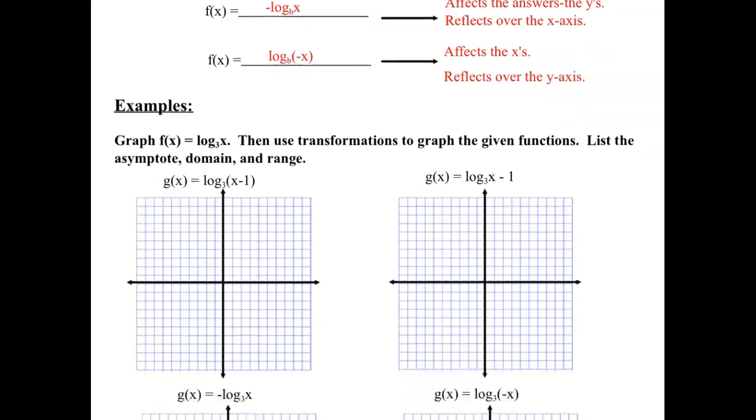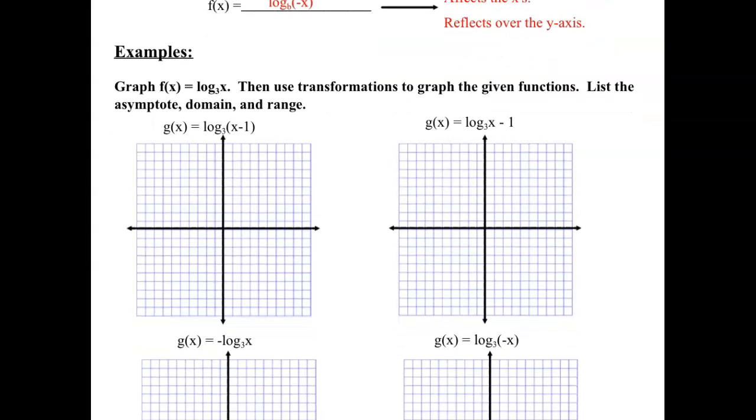All right, so we are going to transform graphs. And if you look at all of the examples we have left in our packet, it's all log base 3 of something. Okay, so we're going to start with our parent function, y equals log base 3 of x, which means if we do our little circle and write it exponentially, 3 to the y equals x.